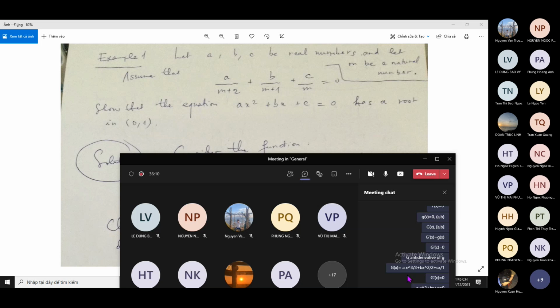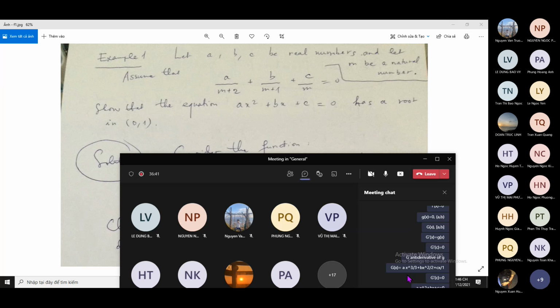It gives us a solution just for a particular case when m equals 1. It gives us just a particular solution of the given equation. It also means we just prove it for m equals 1 only.